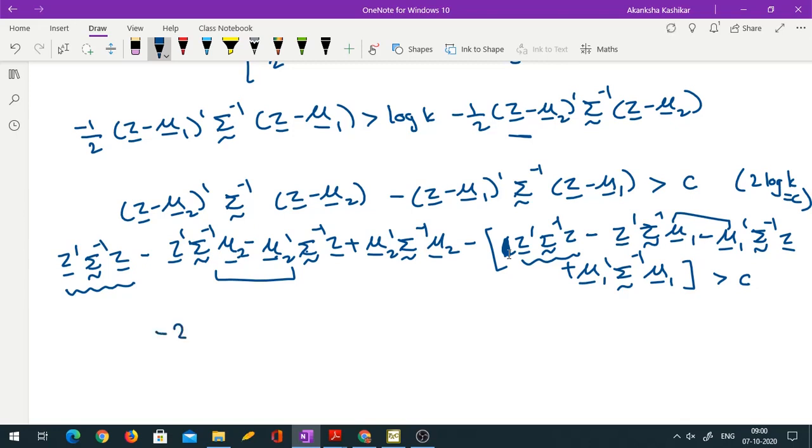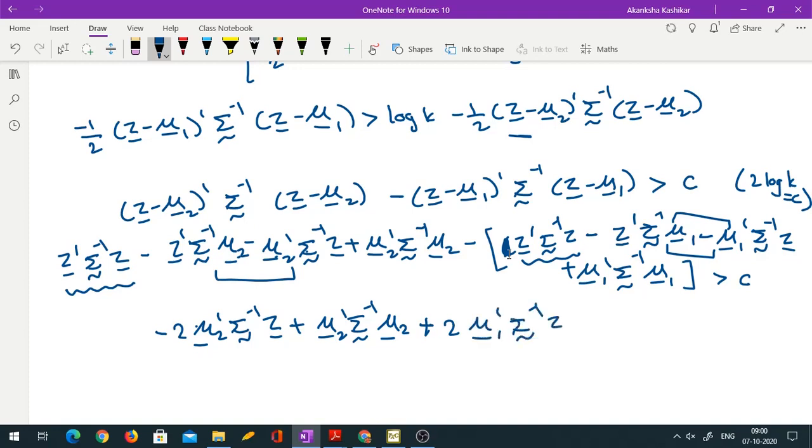So I have minus 2 times mu2 prime sigma inverse Z plus mu2 prime sigma inverse mu2. Then the same logic I can apply to these two terms, so plus 2 times mu1 prime sigma inverse Z minus mu1 prime sigma inverse mu1 should be greater than C.